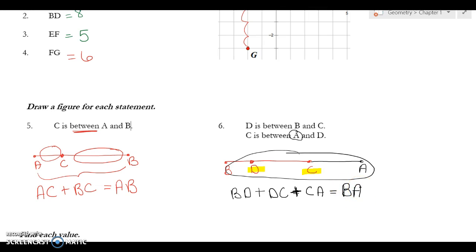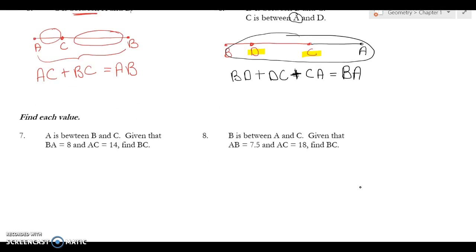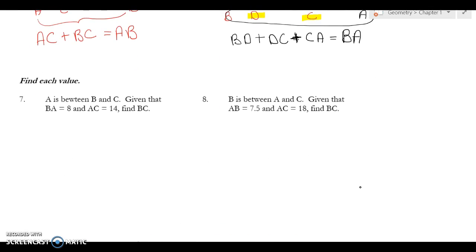All right, now let's start using this segment addition to actually find some answers and some values. So let's start off with number 7. For number 7, I'm going to draw my picture. It says A is between B and C, so I put a B and a C, and then I put A somewhere in between.